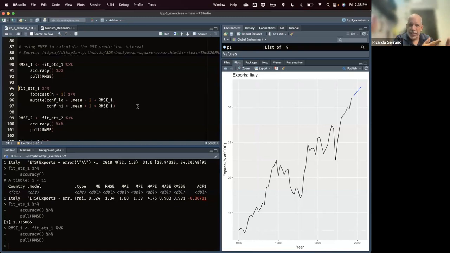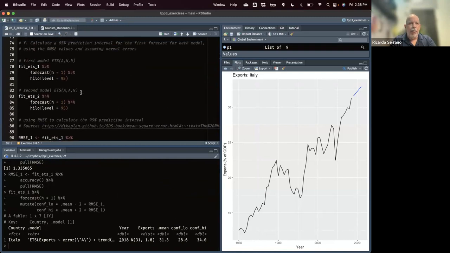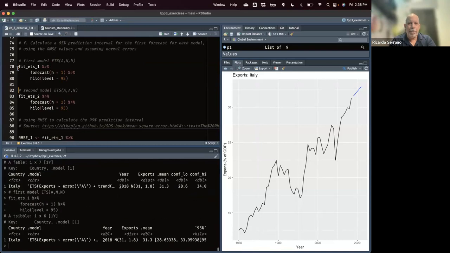It's basically doing the same calculation. When I do that, I get this confidence interval, which, compared with the hilo, the correct way to do it, gives very similar numbers. The lower number here is 28.633, and here is 28.6. And then 33.959, which is 33.96, we get 34.